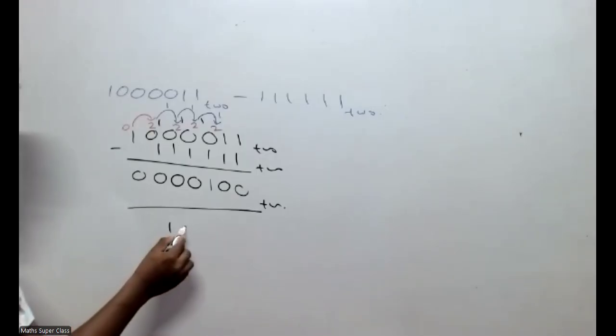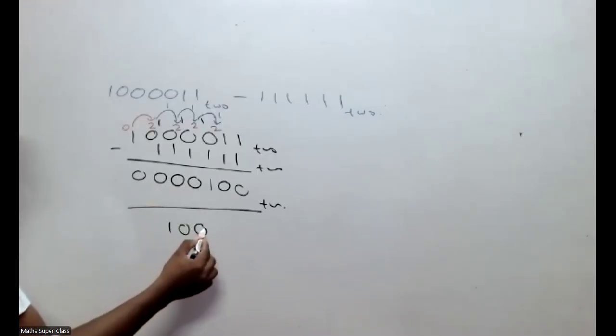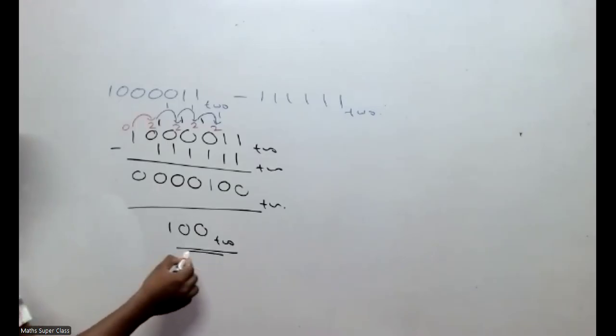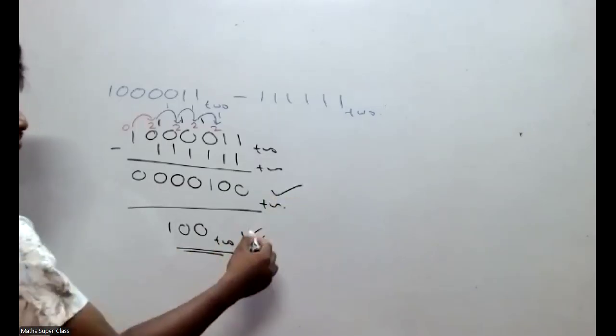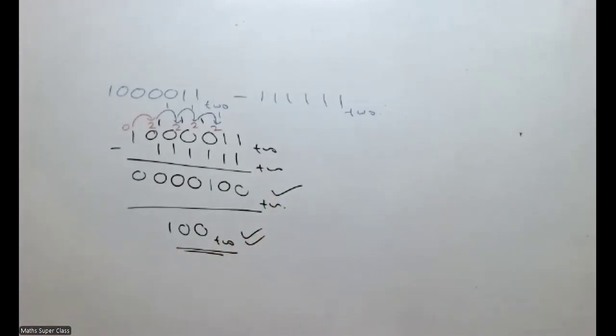But this one is super. No need to find these zeros. This is correct. I'll give double mark. So that's all. Then I'll give you the next one. Okay. Let's write down this one today.